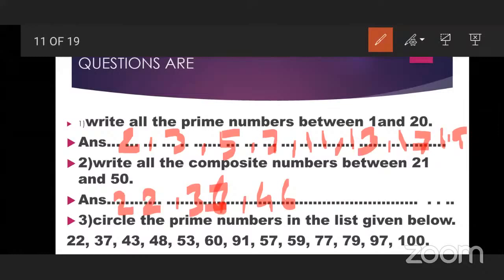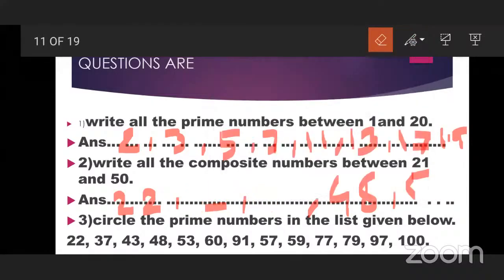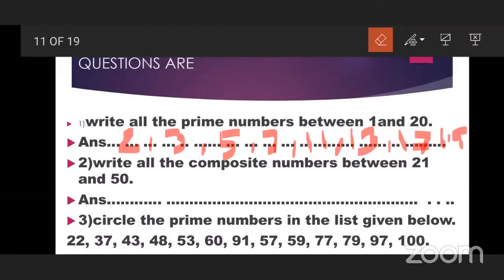In this way you have to write them. 46 and 48 are also composite numbers, and 50 is also placed between. These are the composite numbers between 21 and 50.